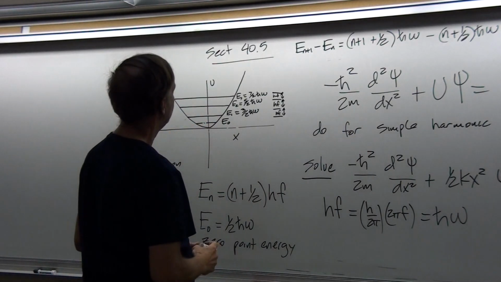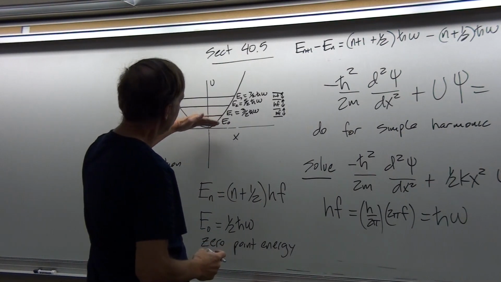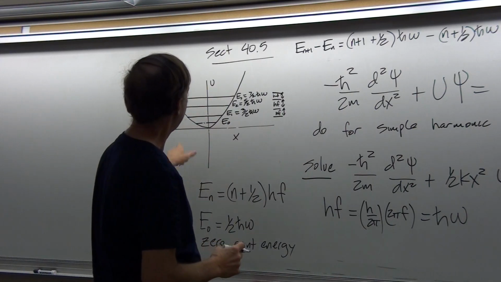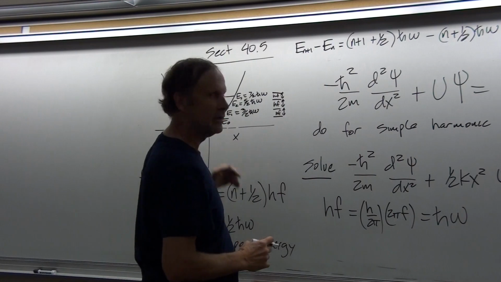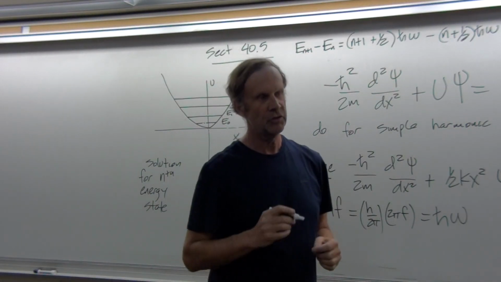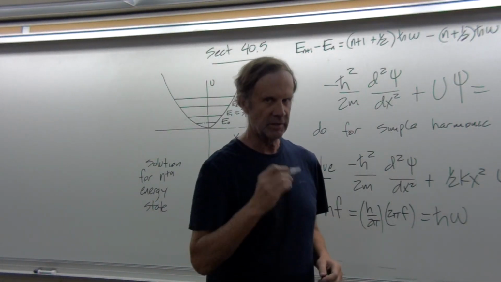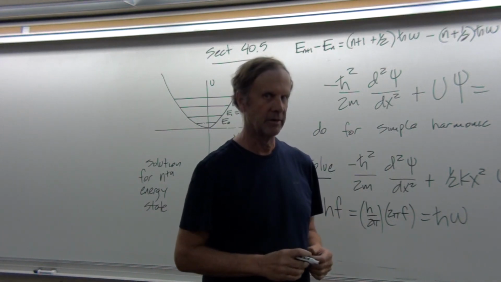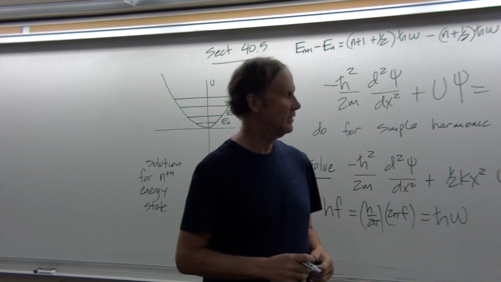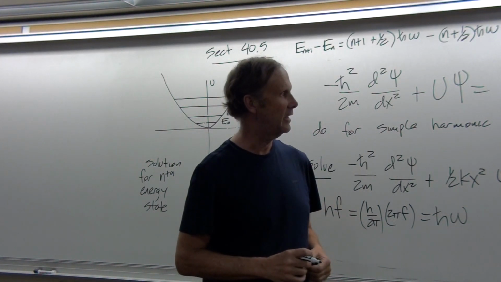And at that point, it will still be vibrating, but it will no longer have the tendency to want to go to a lower energy state. Just like an electron in the ground state of the hydrogen atom is not going to want to go to a lower energy state. That is the bottom energy that it can have.